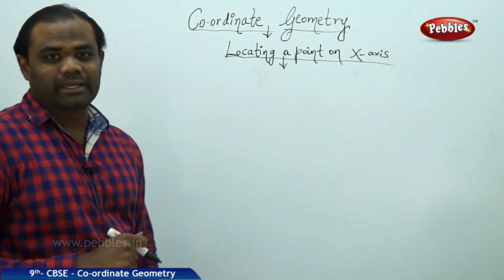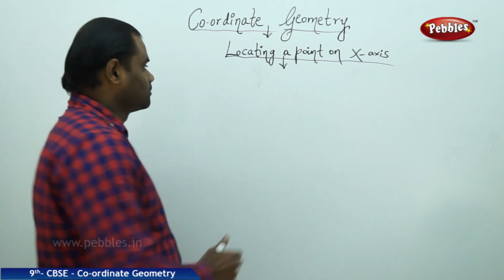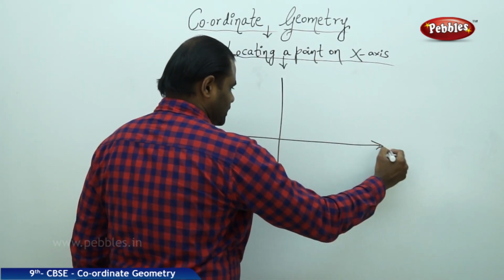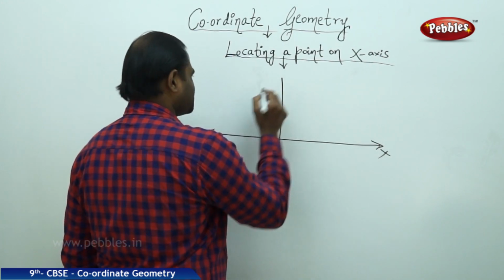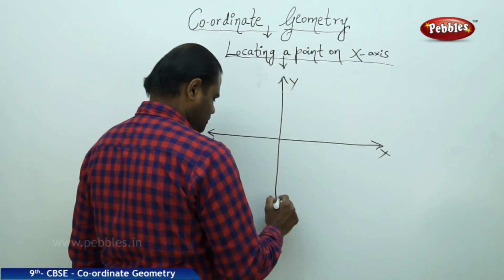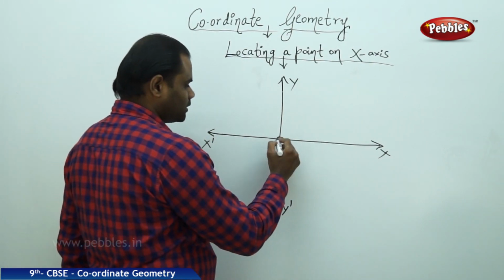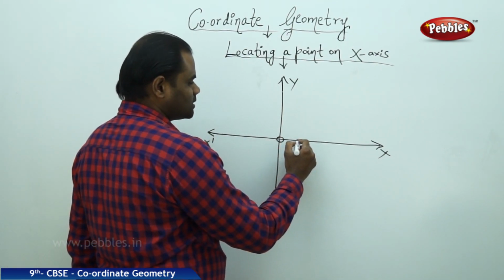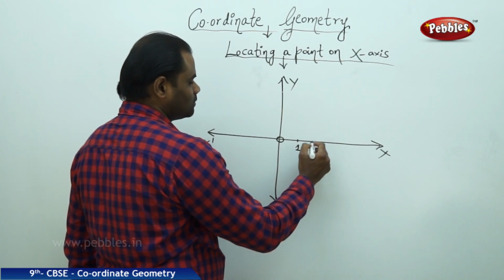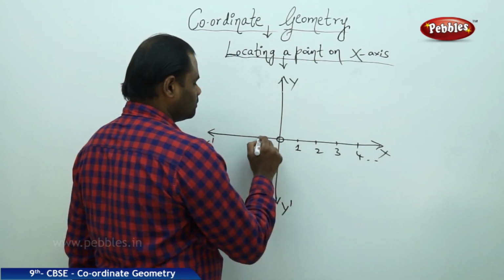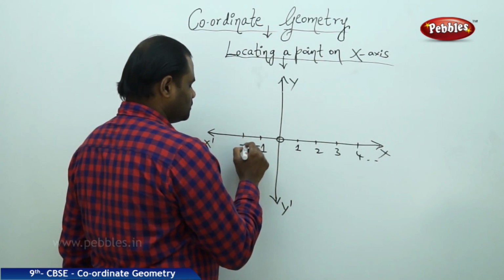So let's recap with the Cartesian plane, x dash and y dash, with the origin being the intersection. Let me take the points 1, 2, 3, 4, minus 1 and so on.